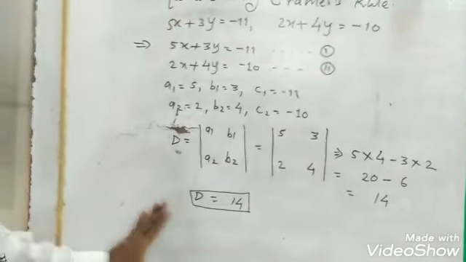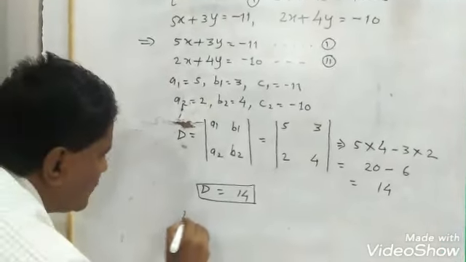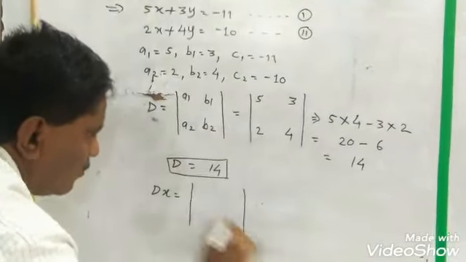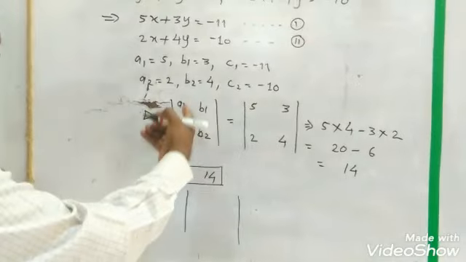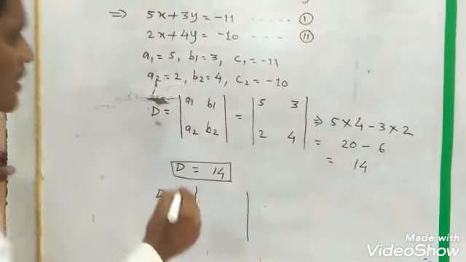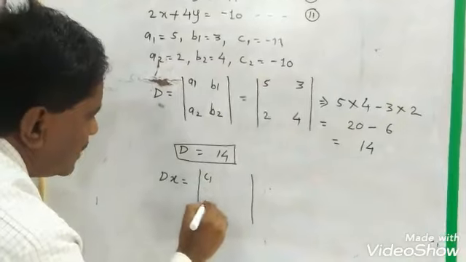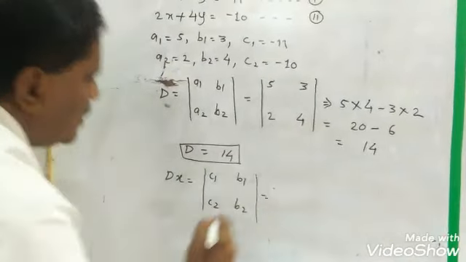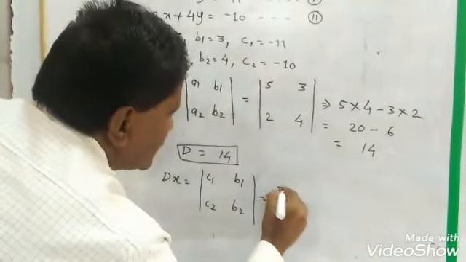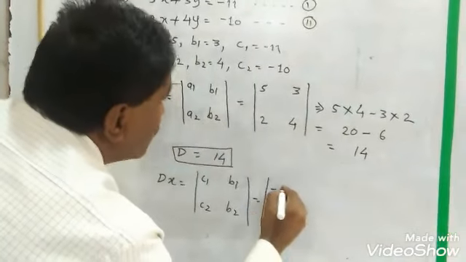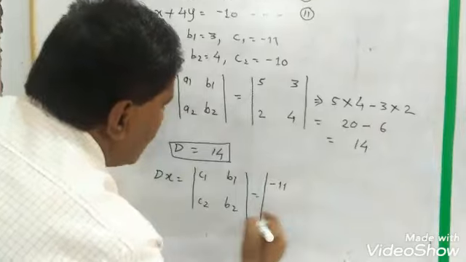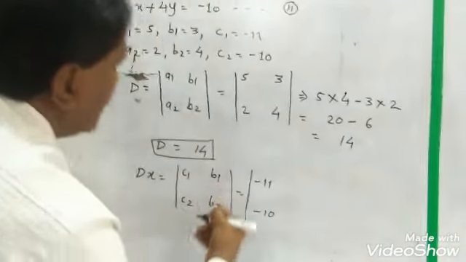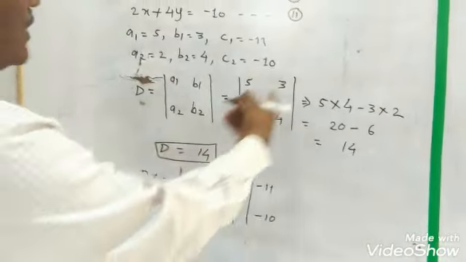Now find the value of Dx. Dx is equal to determinant of order 2, where we replace a1, a2 by c1, c2. That is minus 11, minus 10, and b1, b2, that is 3, 4.